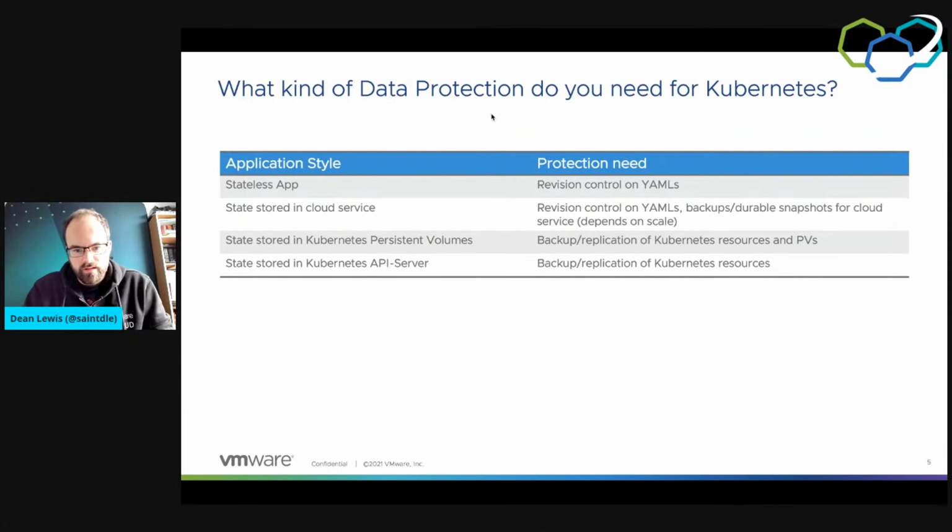For anything that's stateless, we may need revision control on the YAML configurations that are being deployed for those stateless applications. If the state for that application is stored in a cloud service, then again, we need revision control on the configuration YAMLs. We may also need backups or durable snapshots for that cloud service as well, depending on scale, and depending on the availability of the service that you've deployed on top of.